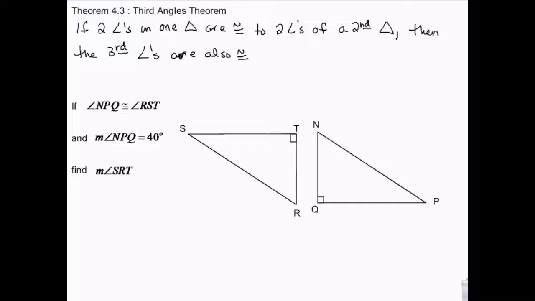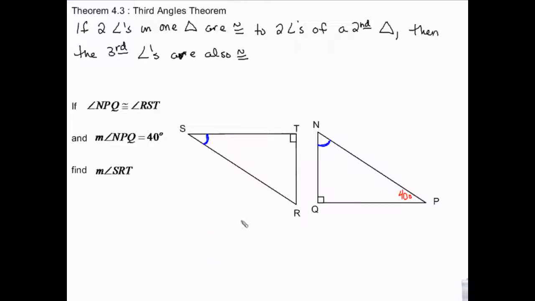Okay. So what we have for this problem is if angle PNQ, that's this angle right here, is congruent to angle RST. That's this angle here. These are both 90. Okay. NPQ is 40.